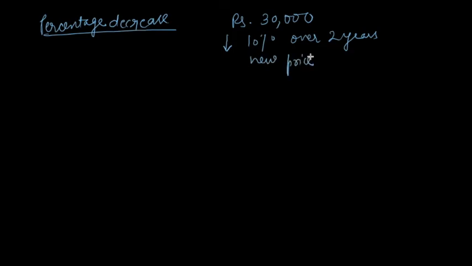Now it is decreased. Decreased means whatever you get as 10% of 30,000, you have to subtract it. So what will be your equation? Your equation will be, the selling price will be 30,000 minus 10% of 30,000.